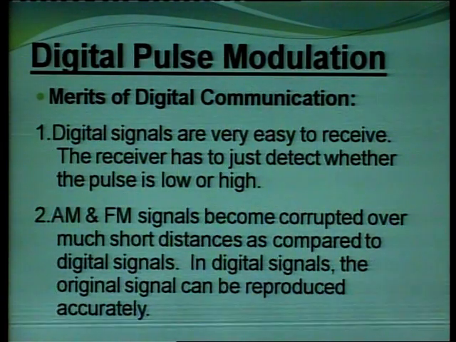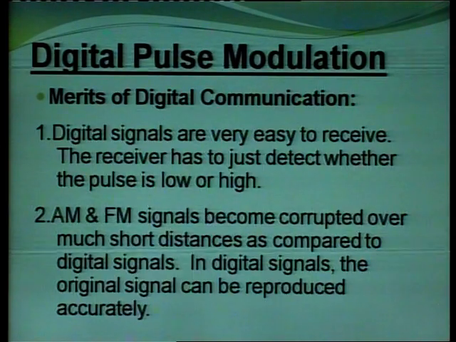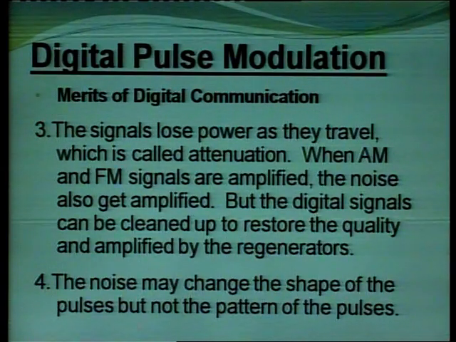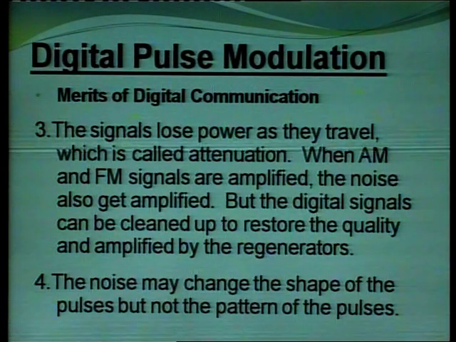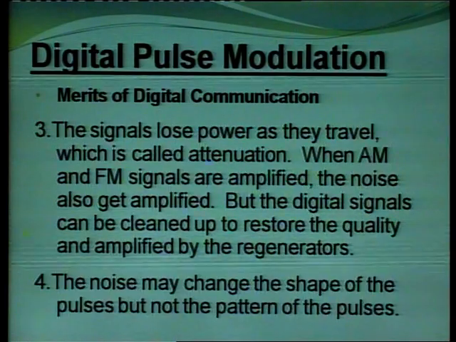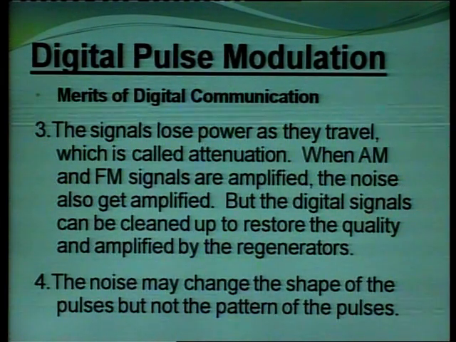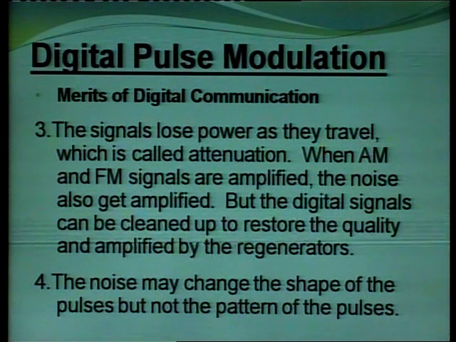Digital signals ਦੇ ਵਿੱਚ original signal ਨੂੰ reconstruct easily ਤੇ accurately ਕੀਤਾ ਜਾ ਸਕਦਾ ਹੈ. The signals lose power as they travel, which is called attenuation. Whenever the signals travel from transmitter to receiver, they lose power, which is known as attenuation.